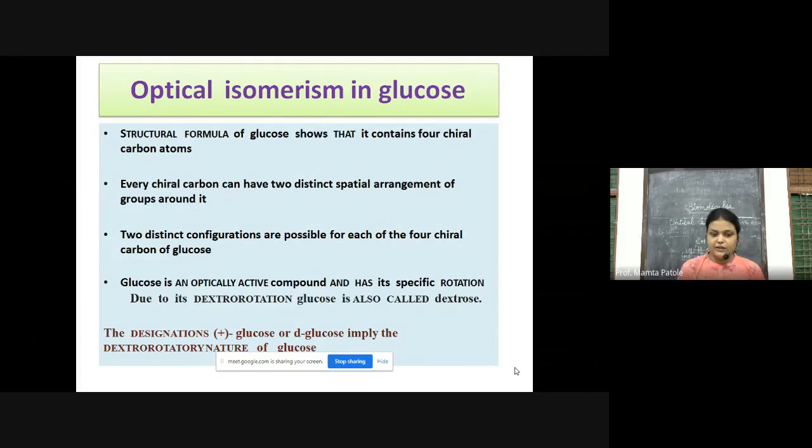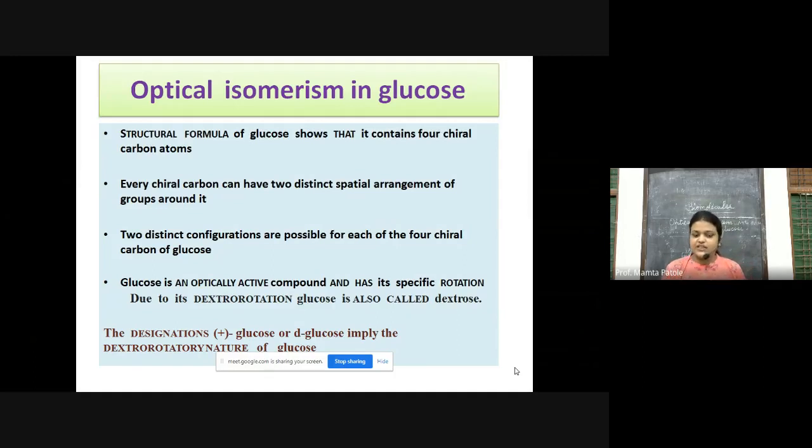Every chiral carbon can have two distinct spatial arrangements of groups around it. Two distinct configurations are possible for each of the four carbons of glucose. Glucose, children, is an optically active compound and has its specific rotation.